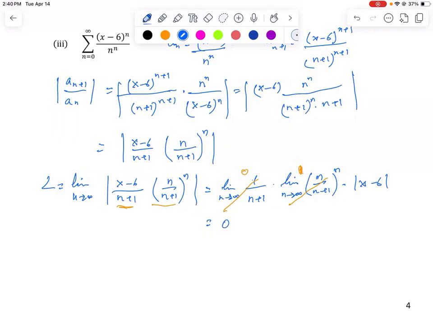What does that mean? That means the series will converge no matter what. No matter what the value of x is, the series is always going to converge.